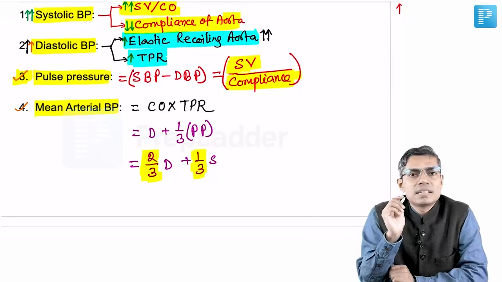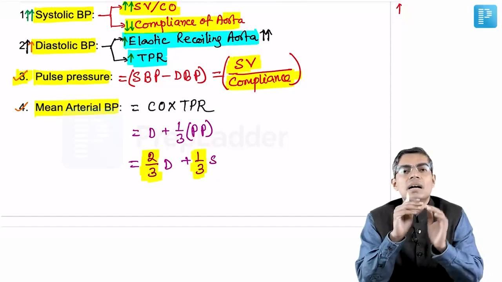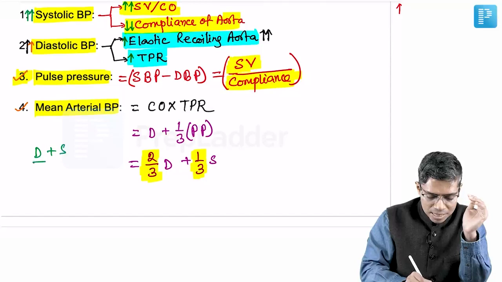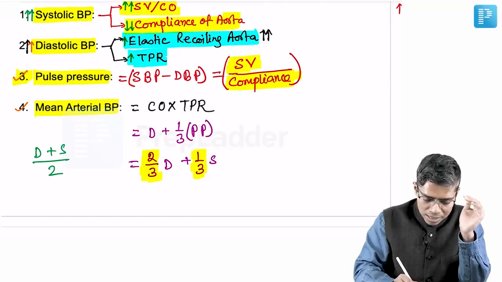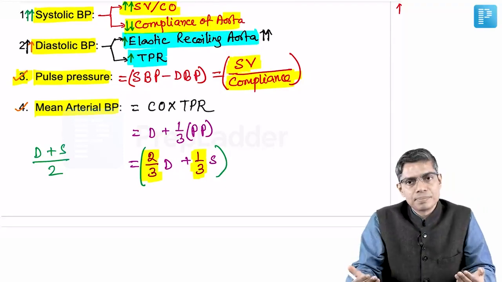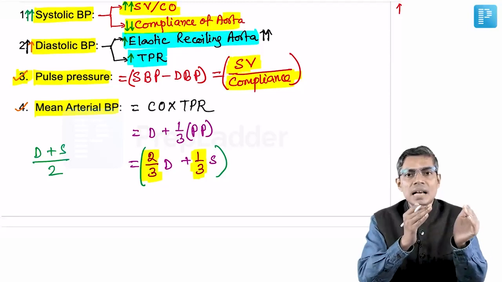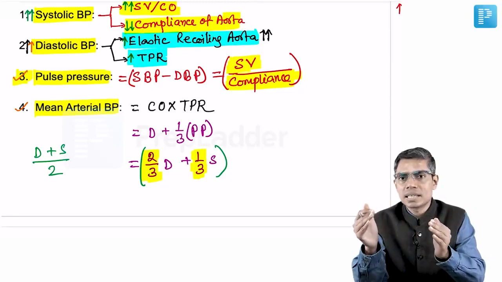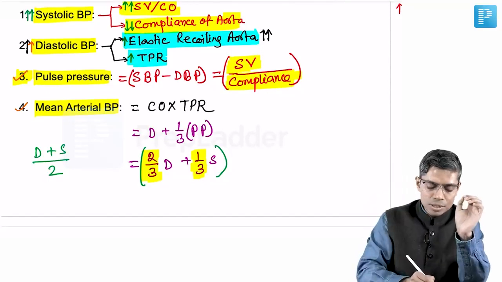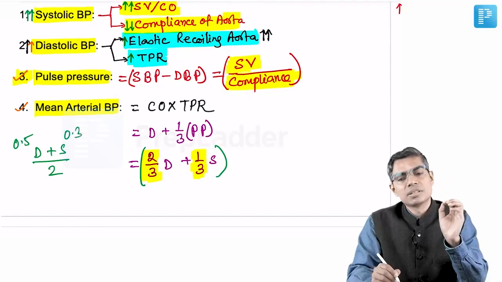Although we are saying it is a mean pressure or an average pressure, we are not taking the average, because if you take the average of systole and diastole, then it will be D plus S upon 2. But here we are giving more importance to the diastolic blood pressure. Why? Because, as I told you, the mean arterial pressure is nothing but the average pressure throughout the cardiac cycle. If you look at the duration of the cardiac cycle, the diastolic duration is more, 0.5 second, and the systolic duration is 0.3.